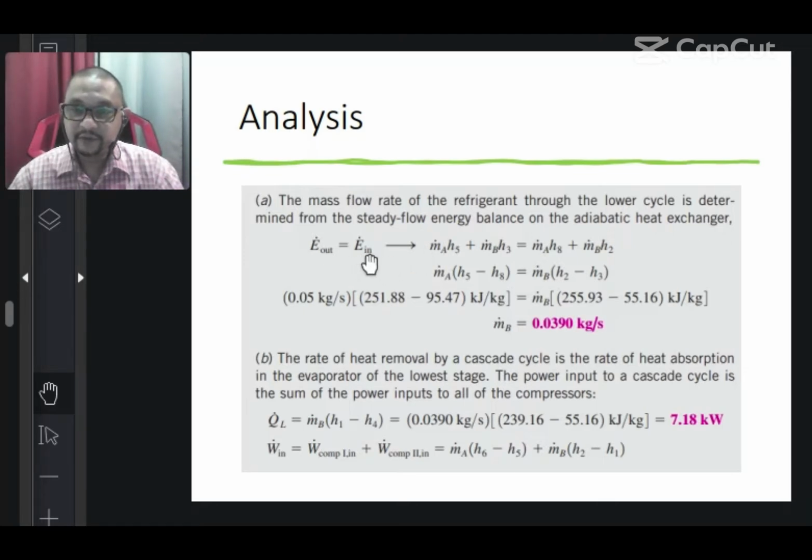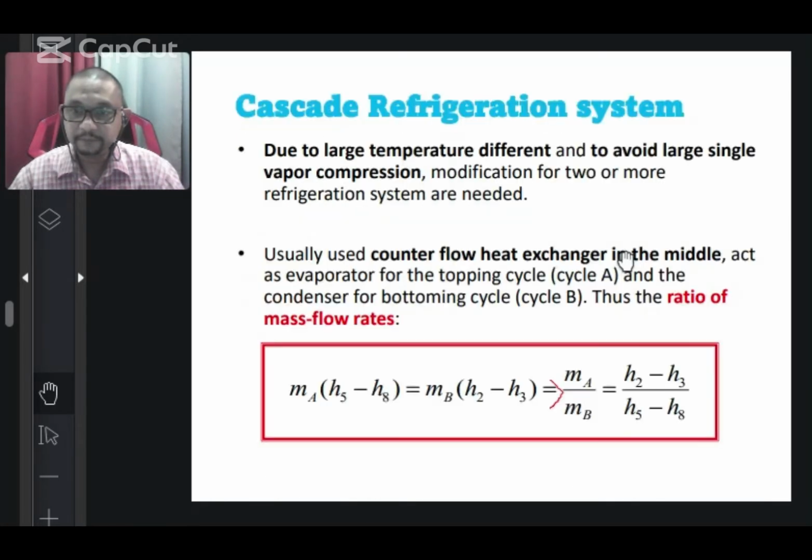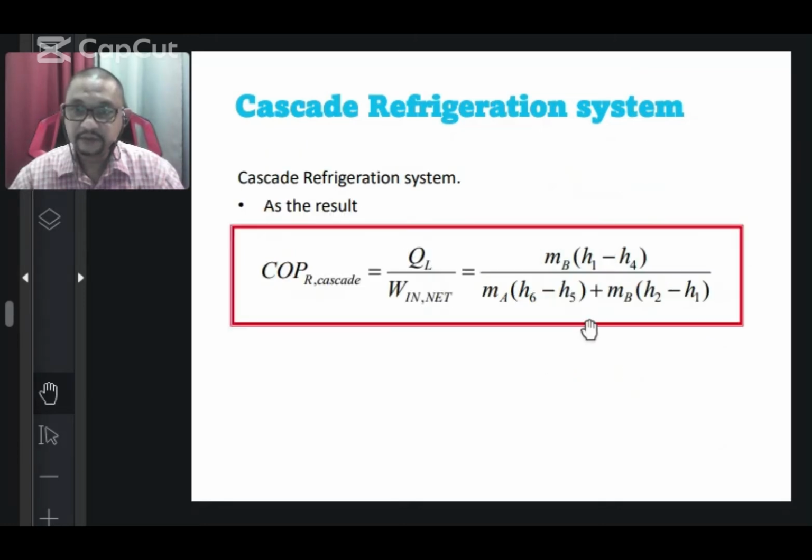So we know the basic thermodynamic principle in an open system, where the rate of energy out is equal to the rate of energy in. From there, this is the formula that I mentioned earlier, where the ratio of mass flow rate can be used.